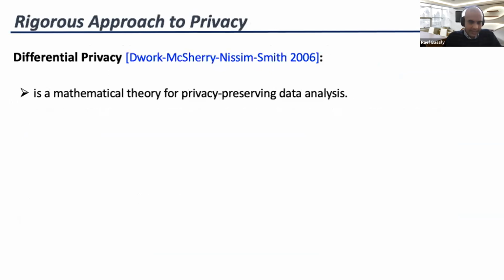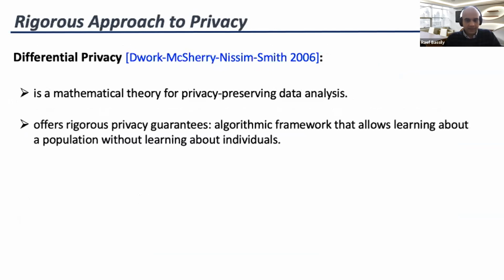The last decade has witnessed the rise of a sound mathematical theory for privacy-preserving data analysis known as differential privacy. And this theory offers provable privacy guarantees and gives rise to a rigorous framework for designing algorithms that enable learning about the population without learning about individuals. And this framework also allows us to reason about privacy in a quantifiable fashion.